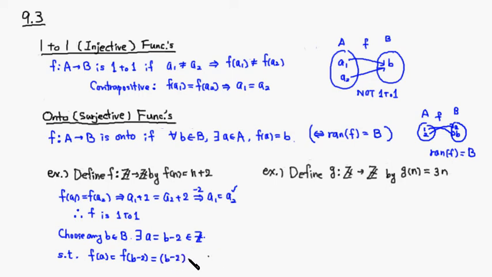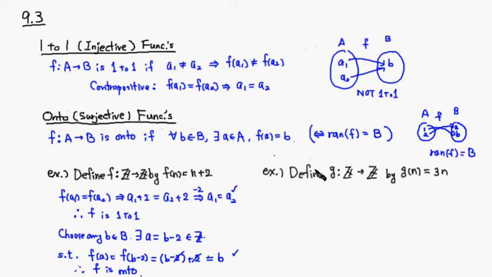Then you are adding 2 to it, so the negative 2 and the 2 cancel out. You just get B, right? So we just found A, namely B minus 2, which makes the function value exactly equal to B. So this satisfies the condition for onto, so f is onto.